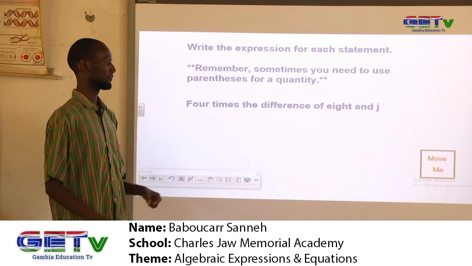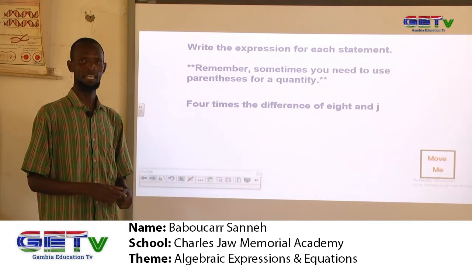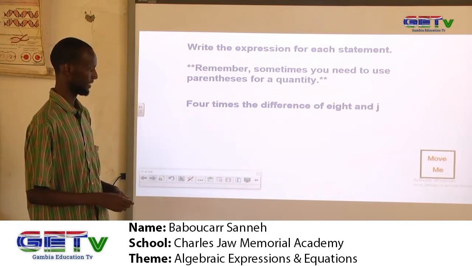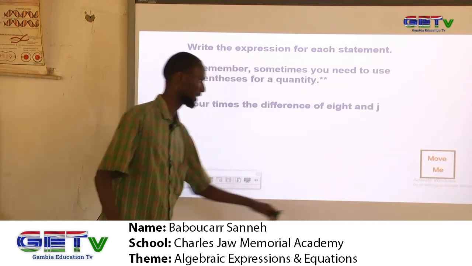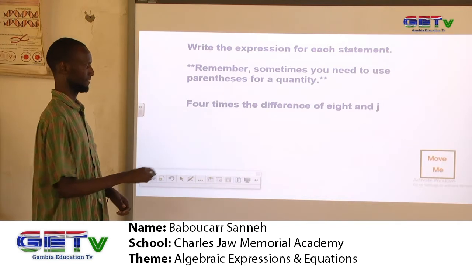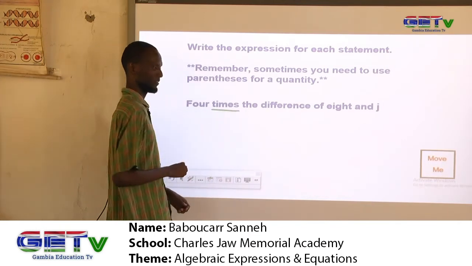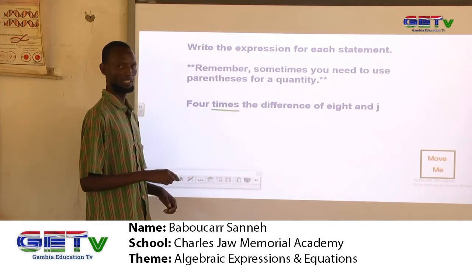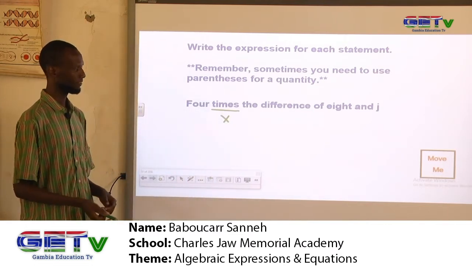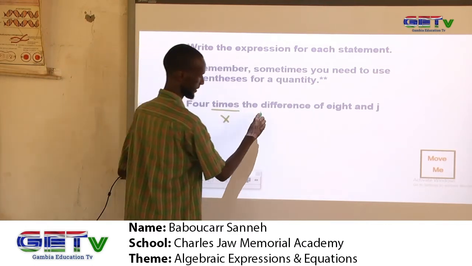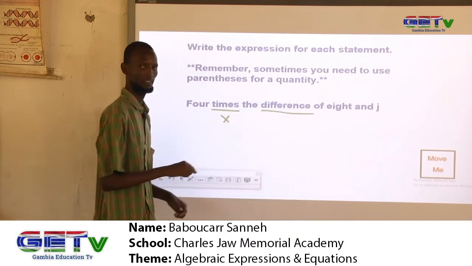4 times the difference of 8 and j. Now, looking through that, what are the key terms here? Times. Times we know indicates multiplication. What else is key here? Difference.